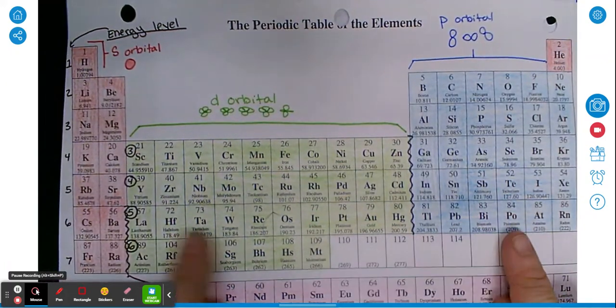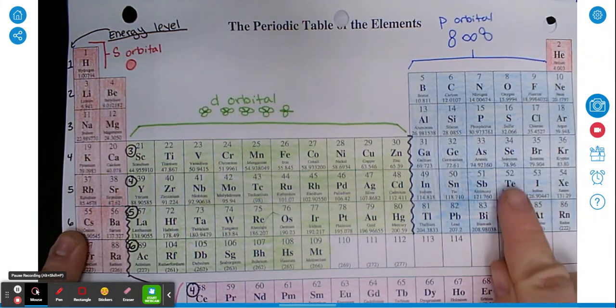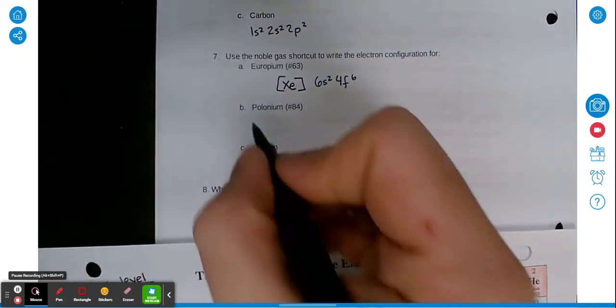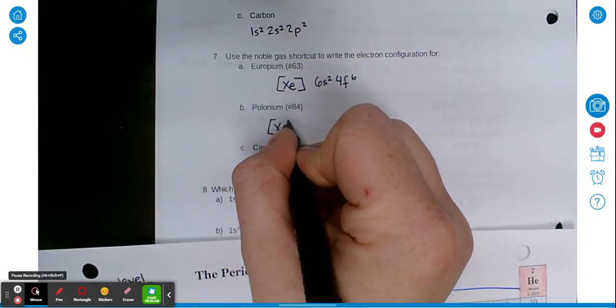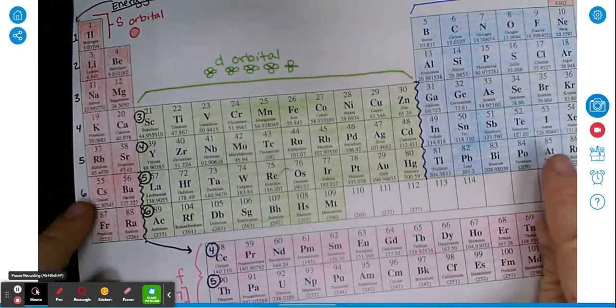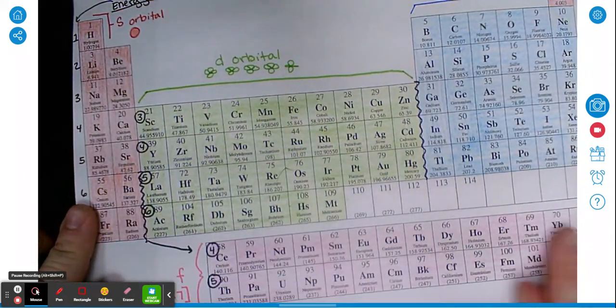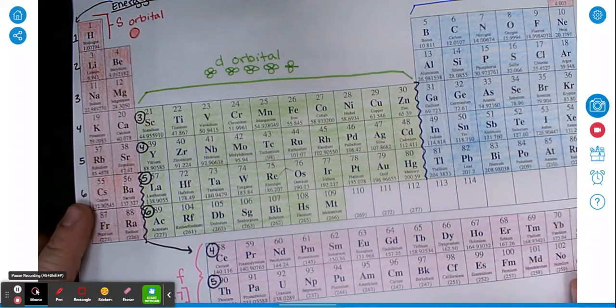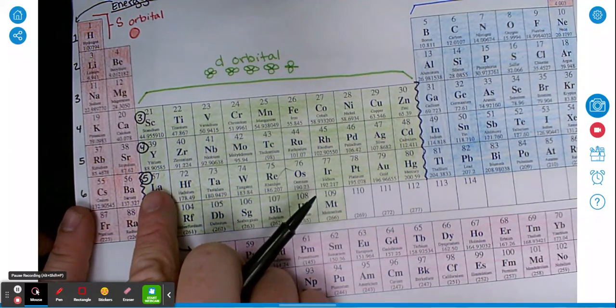Polonium, bad example. Also in row 6, so the noble gas is still xenon. Then it's all the way over here though, so it's 6s2 all the way through, 4f14, 5d10.